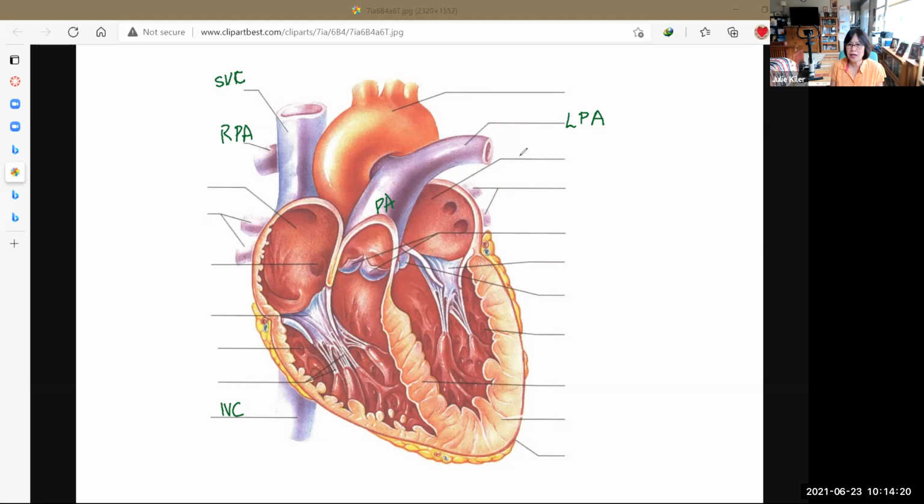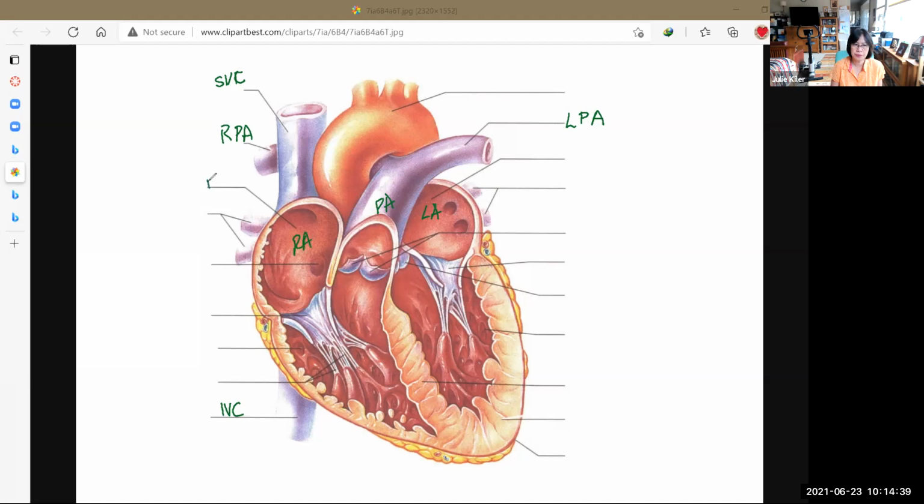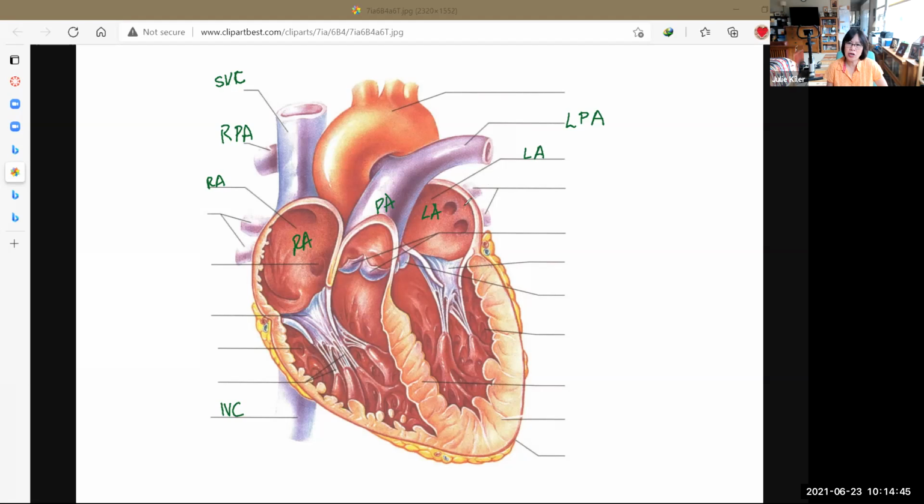And then from the lungs, they go to the left. What is this? Let me just put it in here. Left atrium, right? This is right atrium. So they go here through these two things. You see that, these two things?